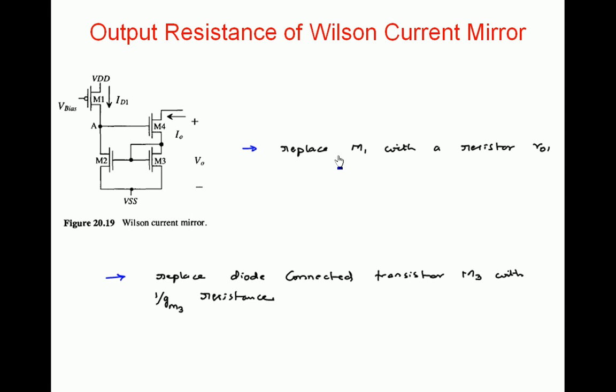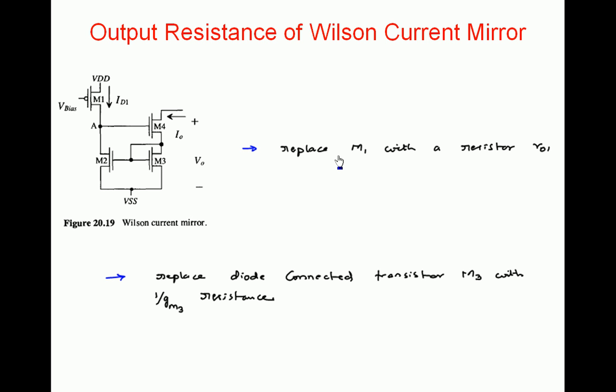We can replace the M1 transistor with a resistor, since M1 is biased with a constant voltage that gives a constant biasing current, which makes VDS of the transistor constant. With a constant VDS, a constant current and a constant VGS, everything is constant, so it can be modeled as a single resistor of value R01.